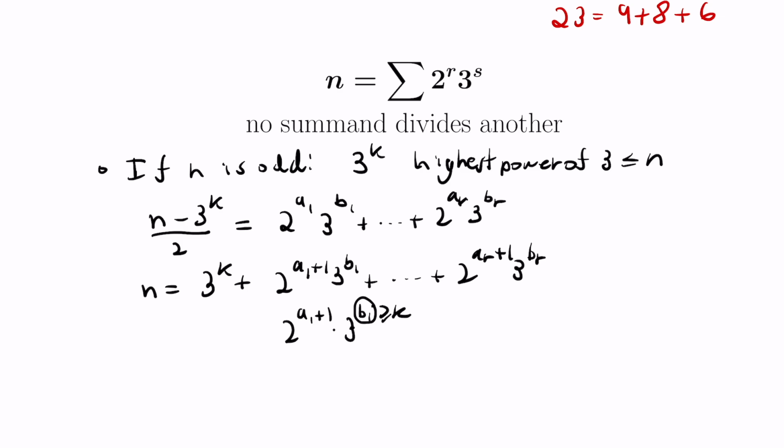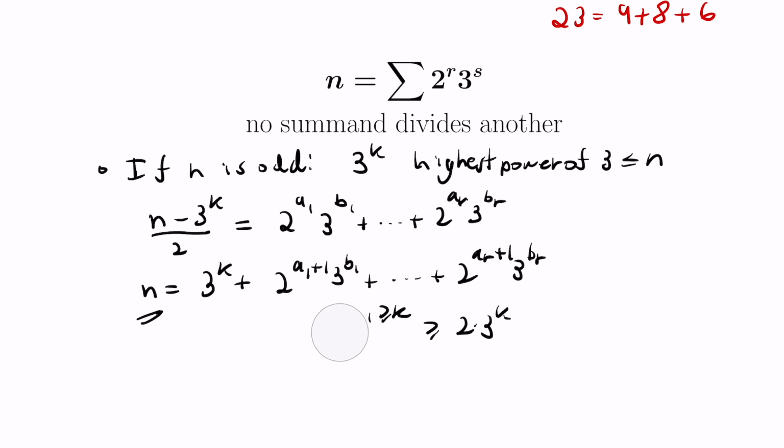If that was the case, then this number here is at least 2 times 3 to the k, which would mean that n itself would be at least 3 to the k plus 2 times 3 to the k, which is 3 to the k plus 1. And that's a contradiction from the fact that 3 to the k is the highest power of 3 that's less than or equal to n. So there's no way 3 to the k divides any of these.